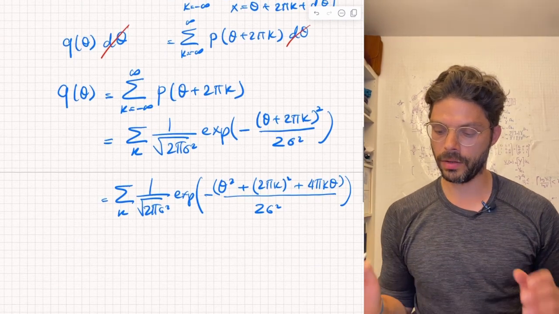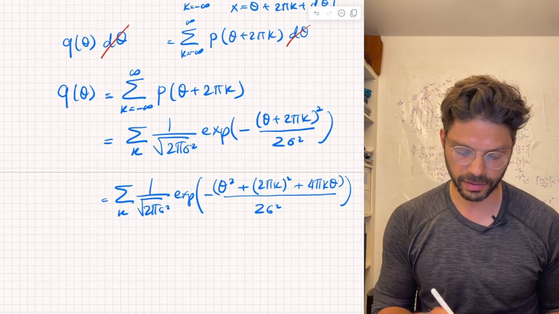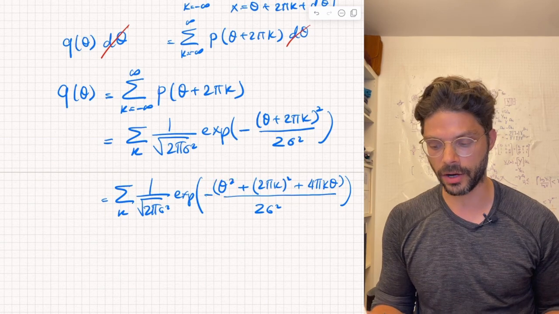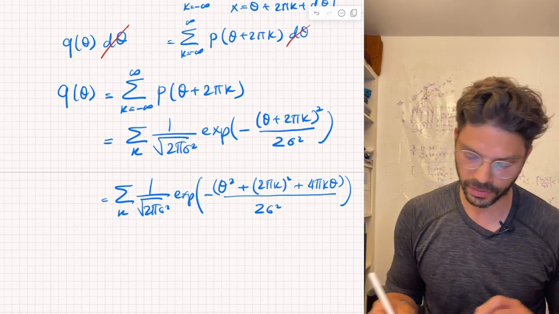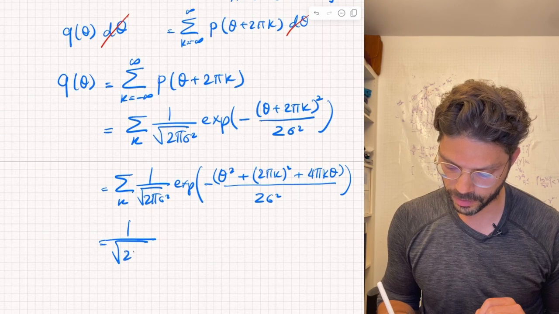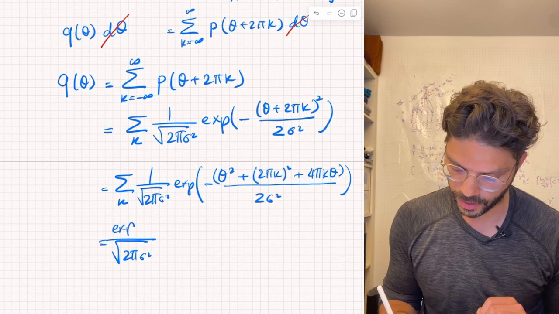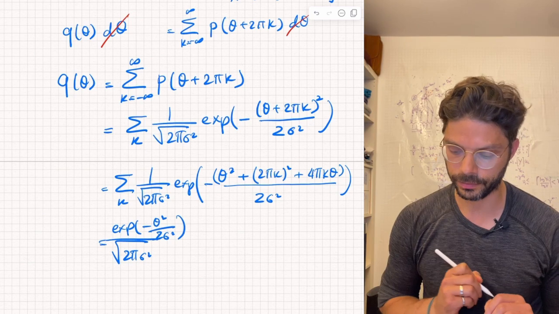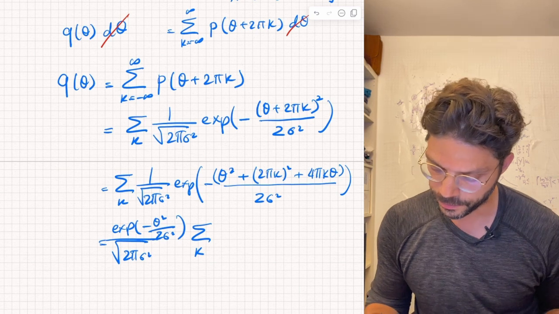Okay, and now what can we do? We can actually simplify some things, right? The summation here is over k, so we can move the terms that don't depend on k outside, and we'll just end up with this funny thing. So let's move all the things we can to the outside, and we're going to have an exp minus sigma squared over 2 on the outside, and then it's going to be this interesting sum.